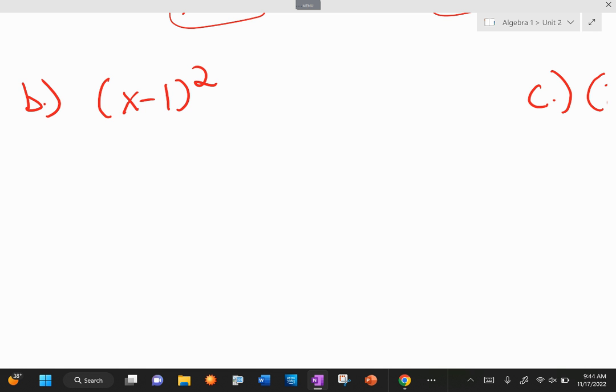Okay, letter B. (x minus 1) squared. Okay, so you're going to separate this. Is this 2 factors or 1? 2. Because this (x minus 1) squared is the same as (x minus 1) times (x minus 1), right? Hopefully we say yes. Okay, so then we are going to go x minus 1 equals 0, x minus 1 equals 0.